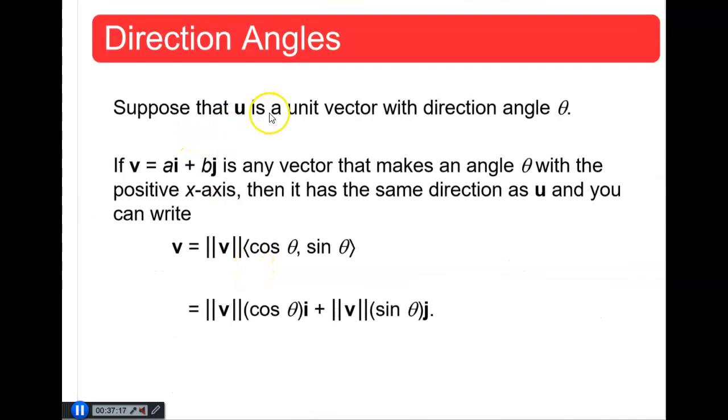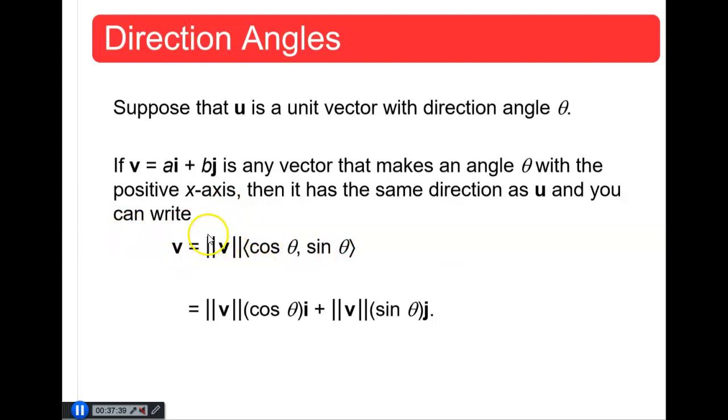So suppose that u is a unit vector with direction angle theta, and if v is equal to a times i plus b times j, is any vector that makes an angle theta with a positive x-axis, then it has the same direction as u, and you can write it as follows.